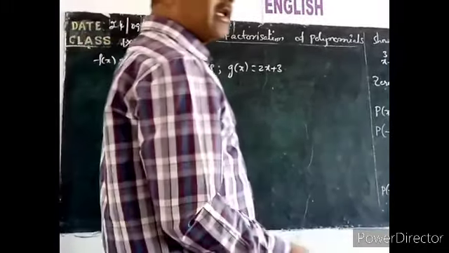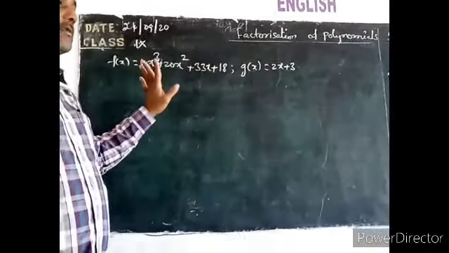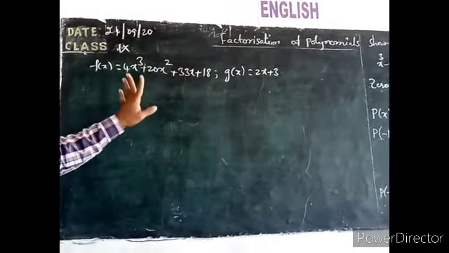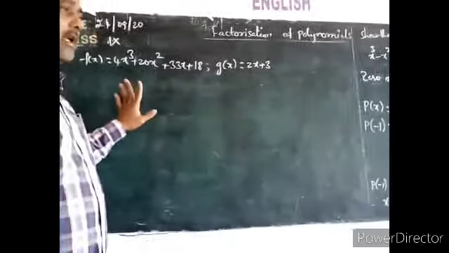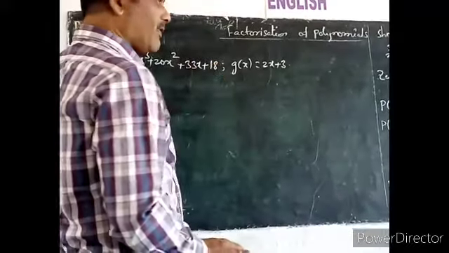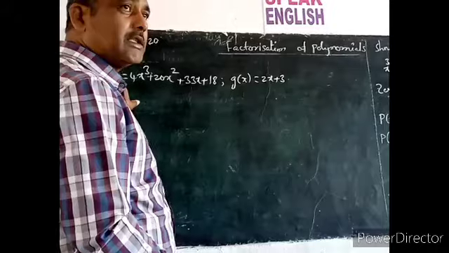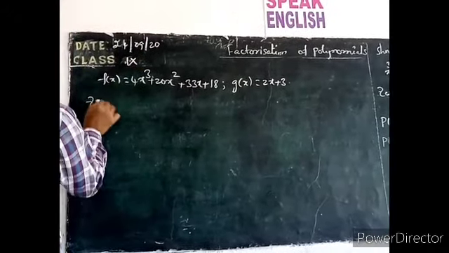What is the question given? Whether g of x is a factor of f of x or not. We have to check. Now we should find whether g of x is a factor of f of x.